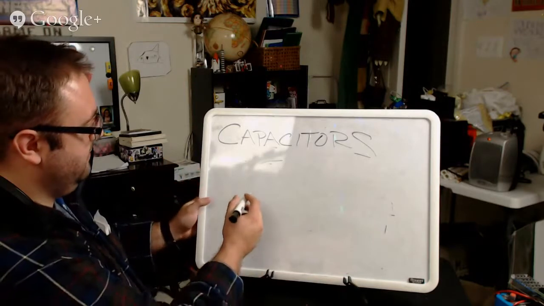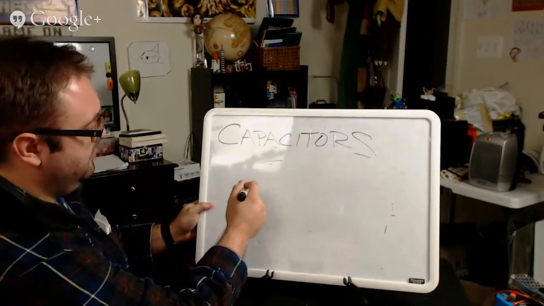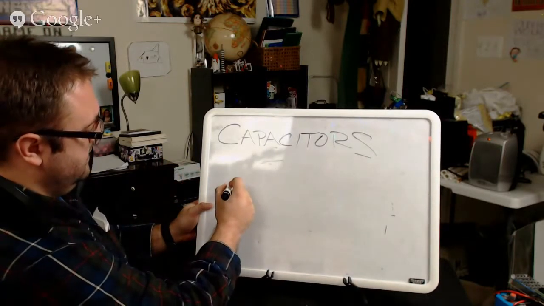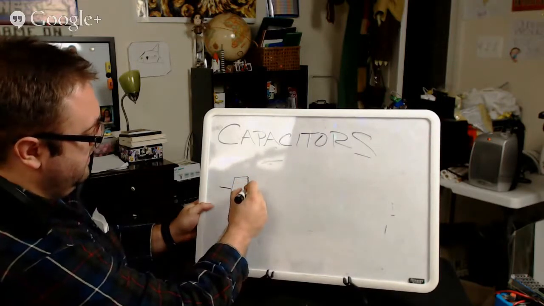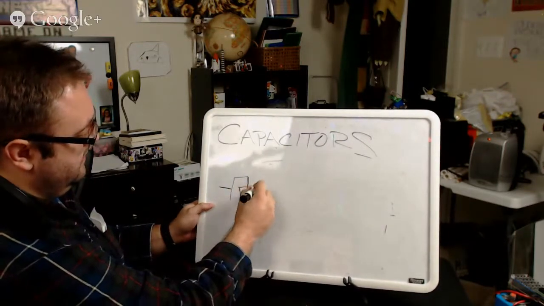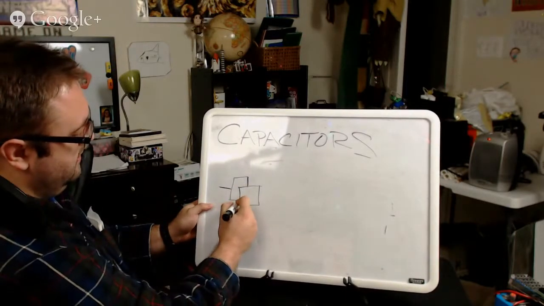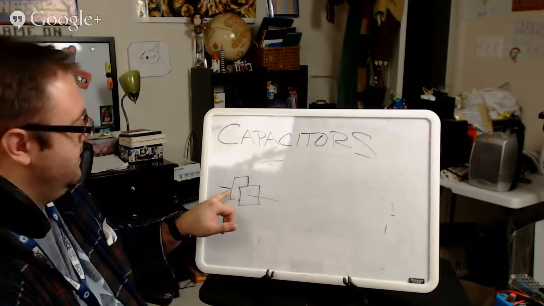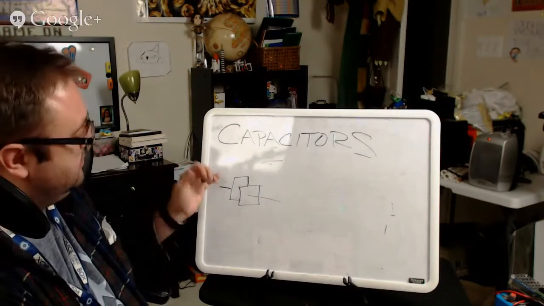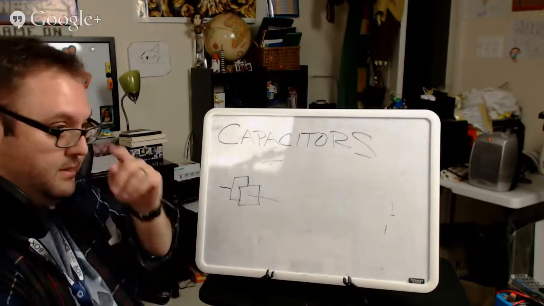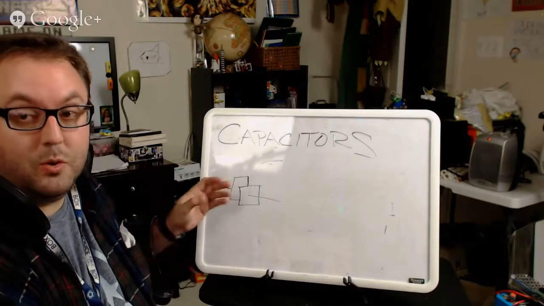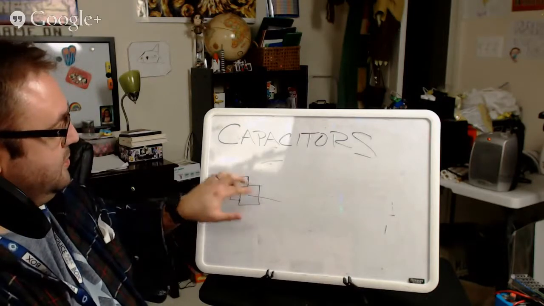We talked about the fact that we had those two plates. Ideally, the positive charge stays on one, the negative charge stays on the other. Therefore, there's no current flow, there's only a voltage across.